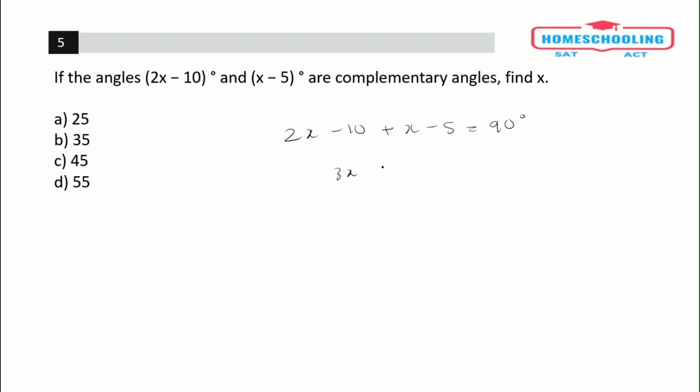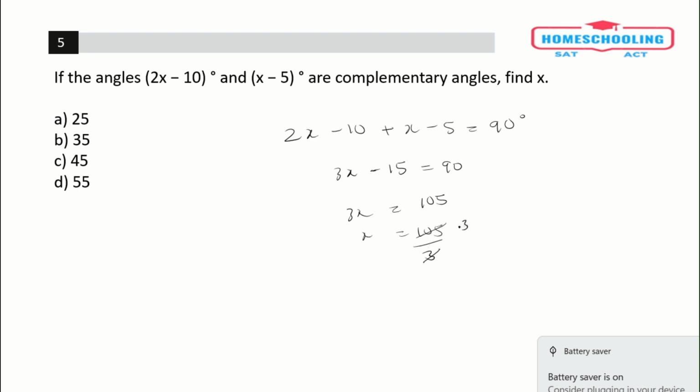So this would be 3x minus 15 is equal to 90. We will take 15 to that side, so 90 plus 15 is 105. So x is equal to 105 divided by 3, which is 35. So the answer would be 35.